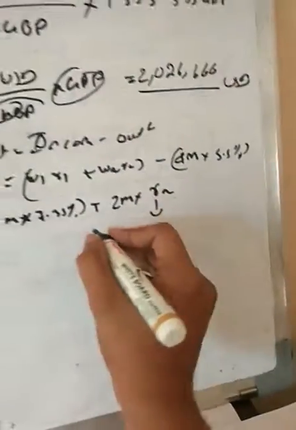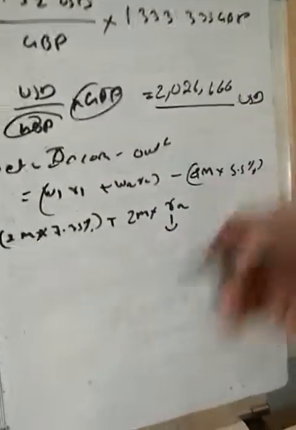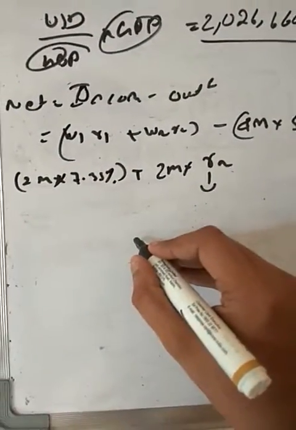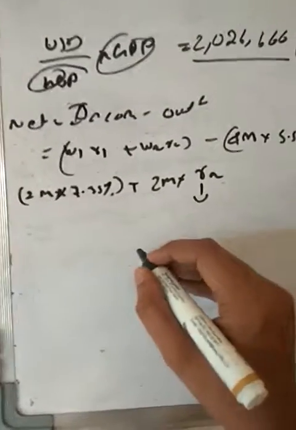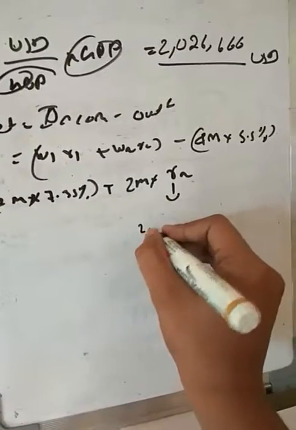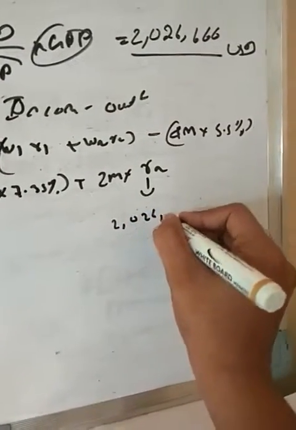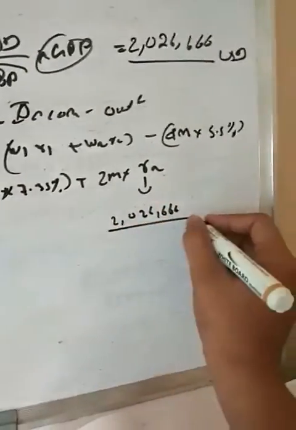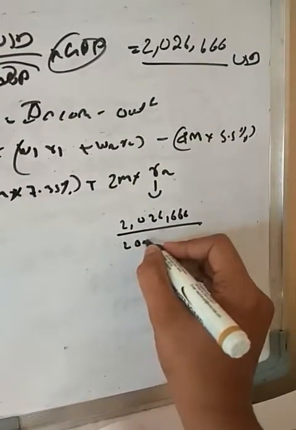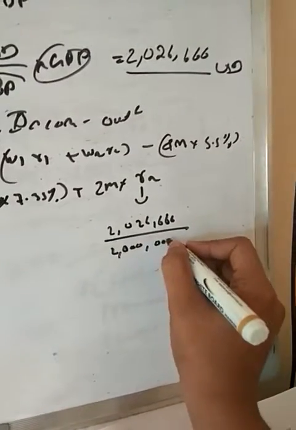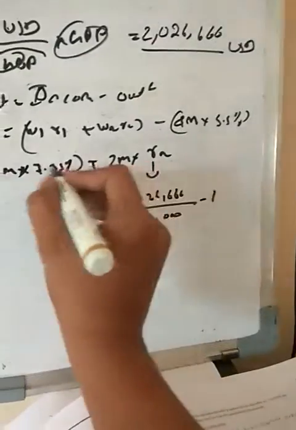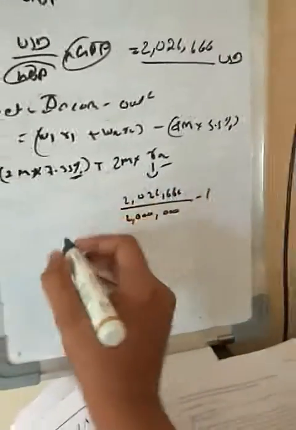Now how to find this R2? R2 is $2,026,666 that we get divided by 2 million that we gave, minus 1. What is minus 1? Always we need to find the percentage, right? This is a percentage.